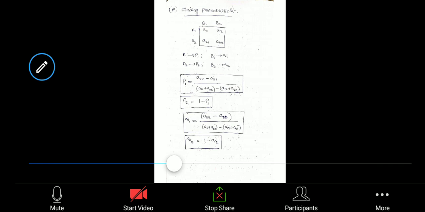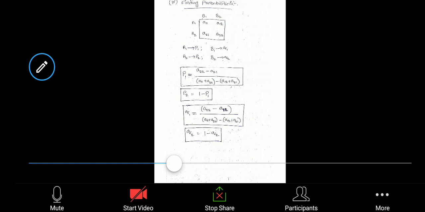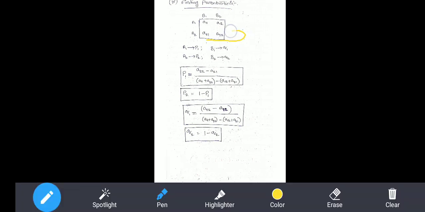For finding the probability p1, I am going to use a22 minus a21 divided by the diagonal of these two, which is shown in the denominator. The probabilities sum to 1, p1 plus p2 equals 1. So for finding p2, 1 minus p1 gives you the p2 probability.